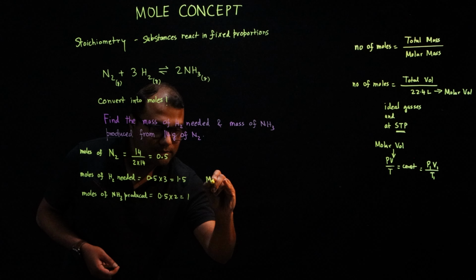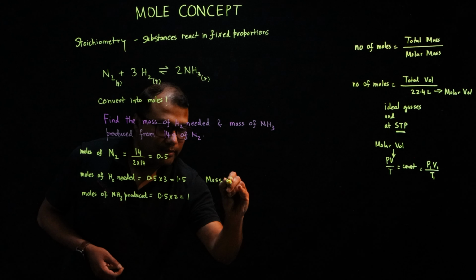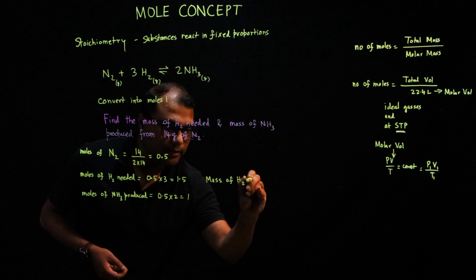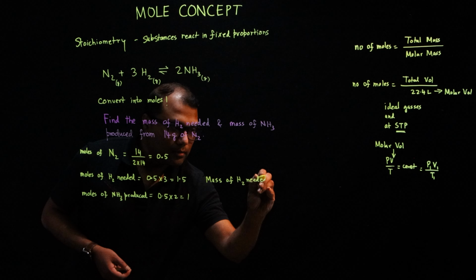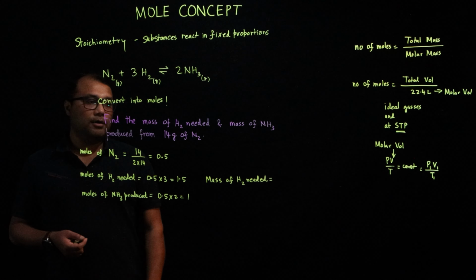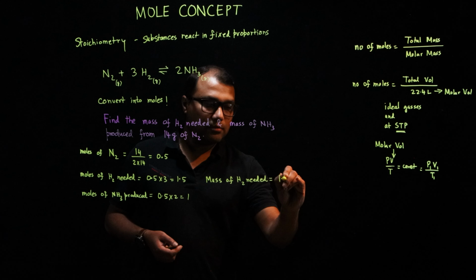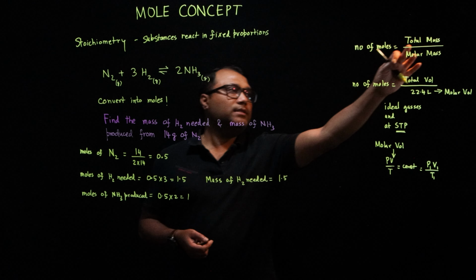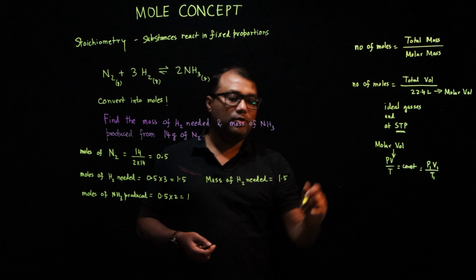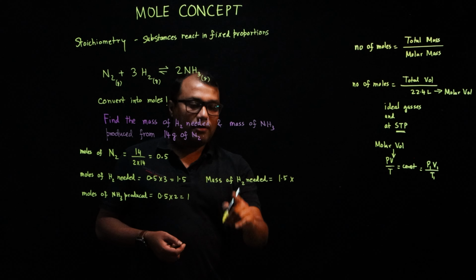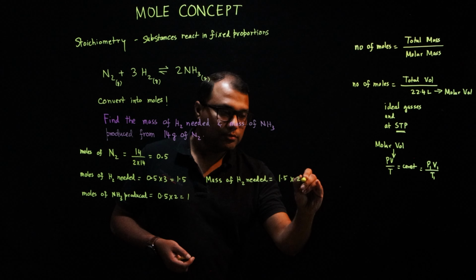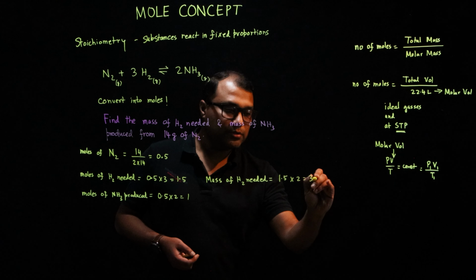Now the question is, find the mass of hydrogen needed. The mass of H2 needed is number of moles times molar mass. The molar mass of H2 is 2, so 1.5 times 2 is 3 grams.